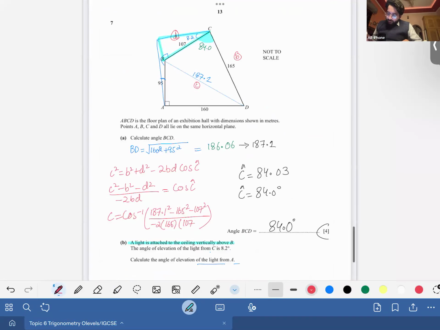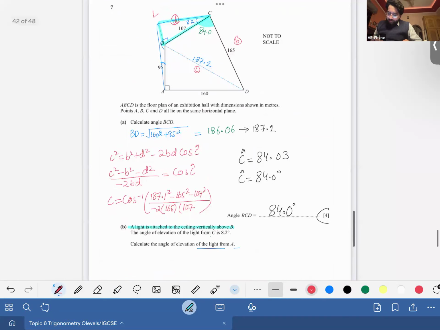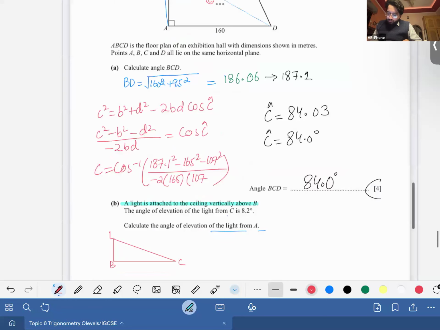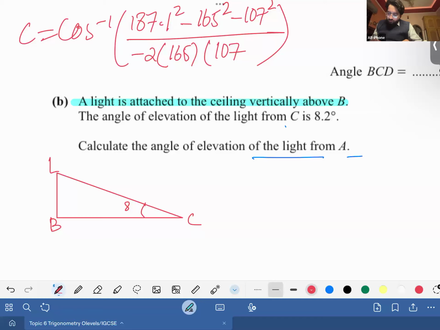So let me name that L here. That's the light. So BL is a light. B to L is a light. So Ramin, BL is a light and B to C is a horizontal line. Okay. And that is the angle of elevation, which is 8.2.